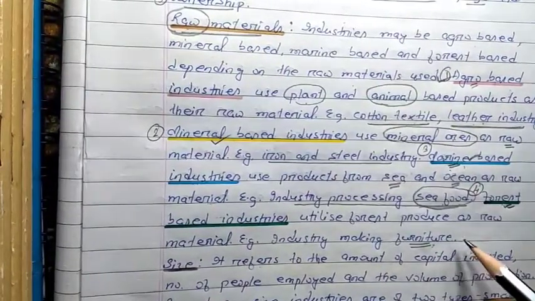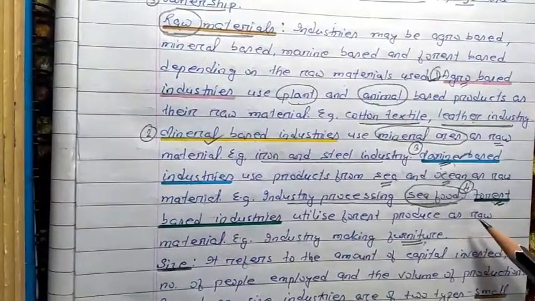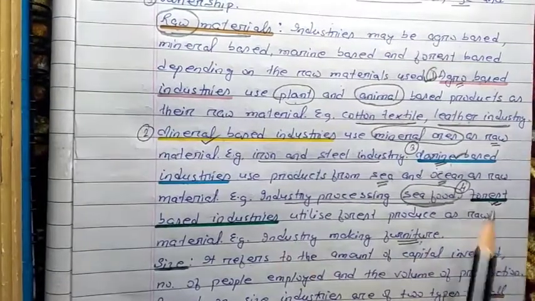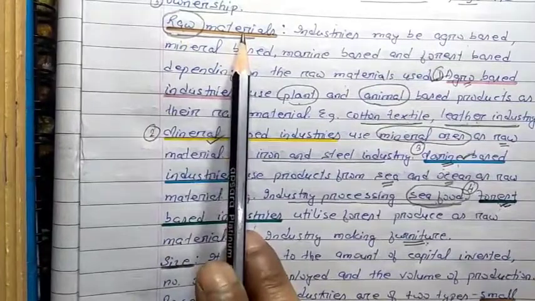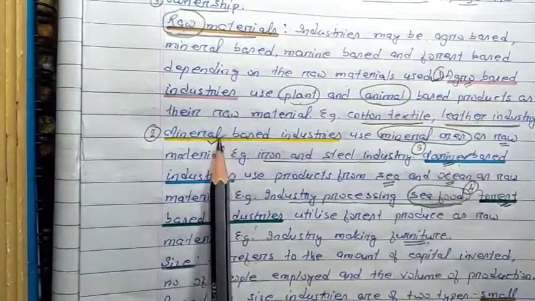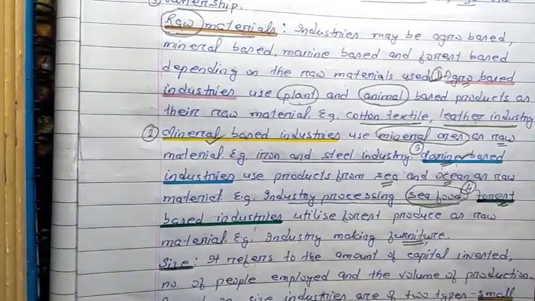You can even say pharmaceuticals, which produce different types of medicines, and these medicines are also derived from different forest products. So this also comes under forest-based industries. So here we have, on the basis of raw material, industries can be classified into four types: agro-based industries, mineral-based industries, marine-based industries, and forest-based industries.